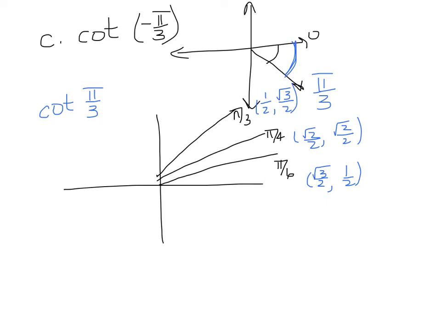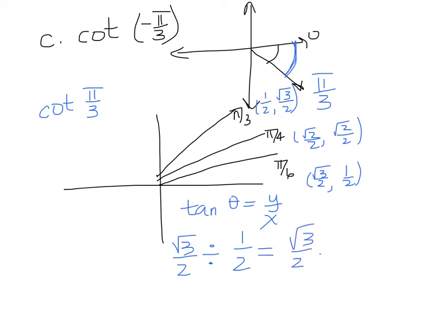So to find tangent, remember tangent of theta would be y over x. So if you go to pi over 3 and do y over x, you're taking your y and dividing it by your x, which is the same thing as multiplying by the reciprocal.